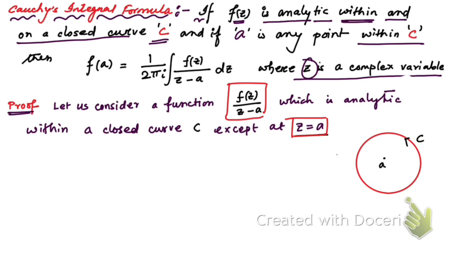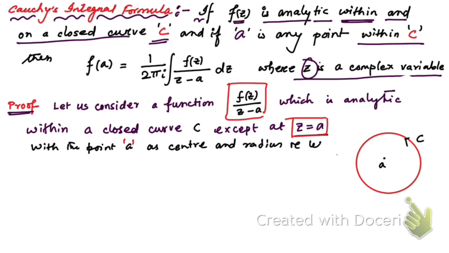Now with the point A as the center, and radius r, small r, let us draw a small circle, a very small circle, which is suppose C1.